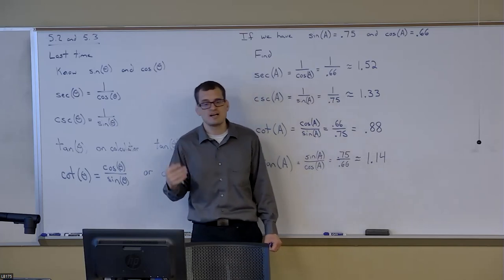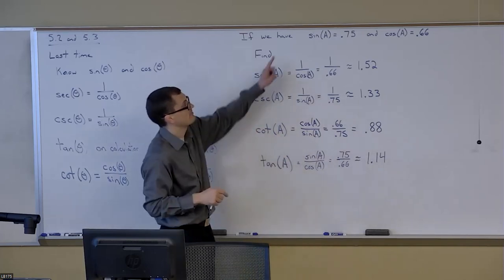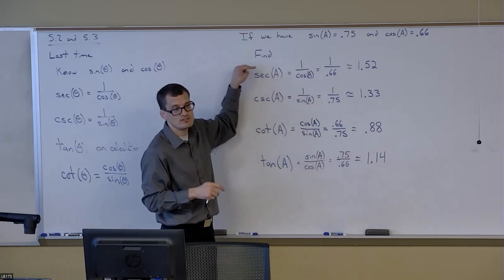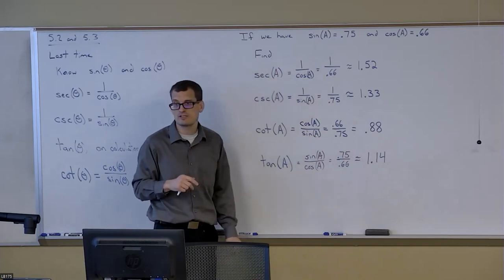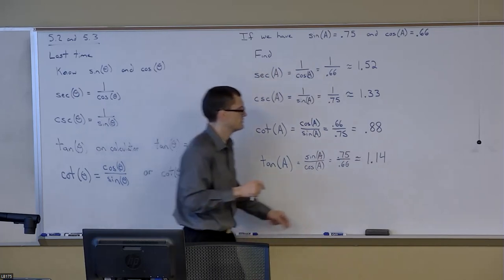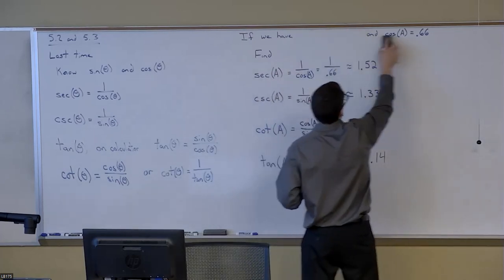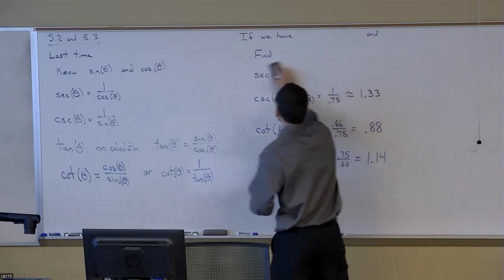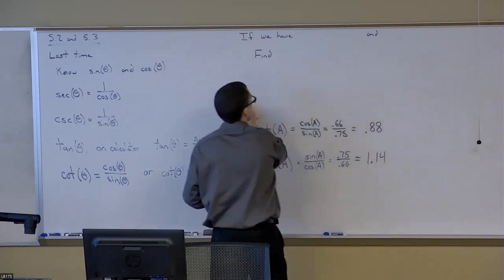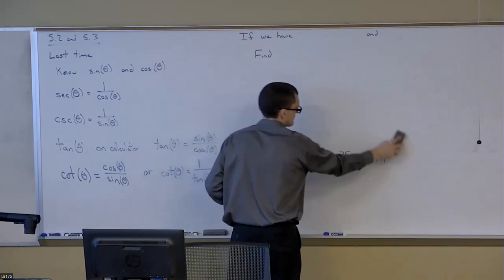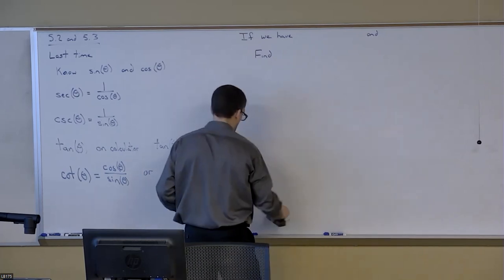So a lot of times, here we had sine and cosine, and we can generate our other 4 trig functions. But I can do that same thing with other combinations. So let me give you an example.